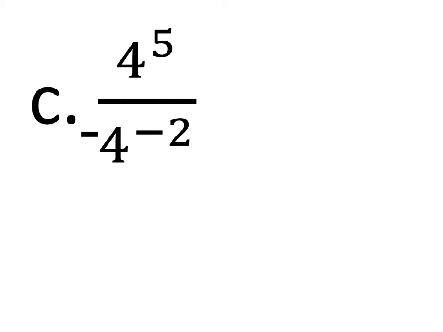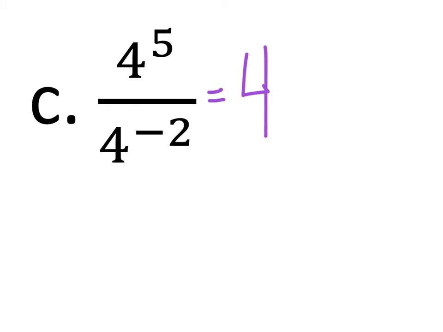Here we have 4 to the 5th divided by 4 to the negative 2nd. When I go to divide this, you need to be super careful about this one, because I have a base of 4.